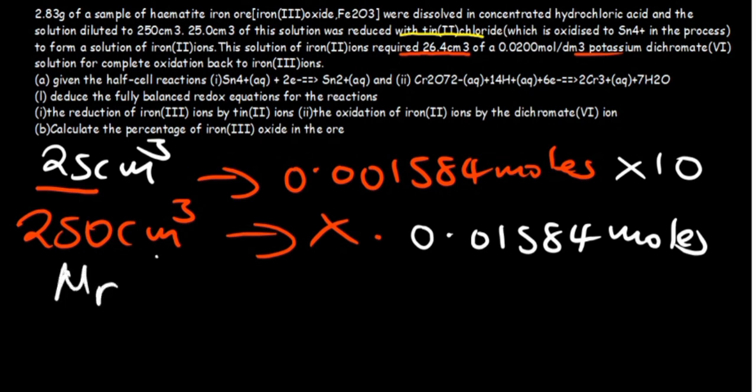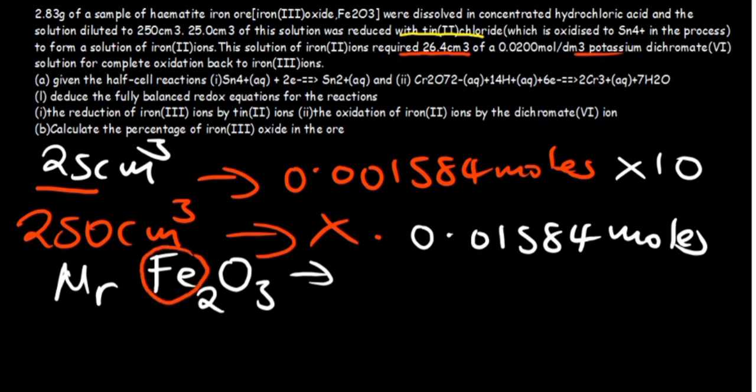Of course, for the molar mass you go to a periodic table, get the molar mass of each element there, then multiply by the subscript. After doing your calculations, the molar mass of the iron oxide is going to be 159.69 grams per mole. That being our molar mass, we can determine the mass.